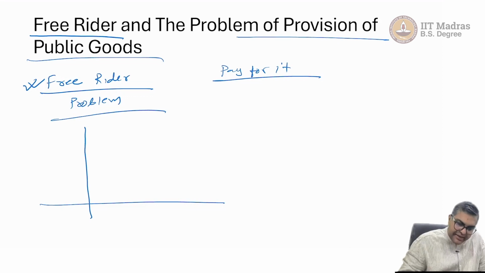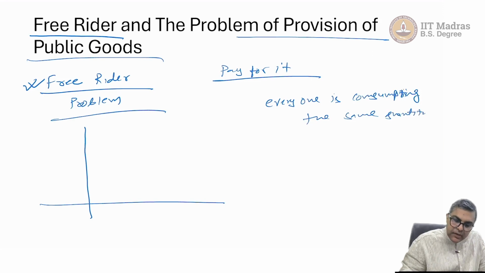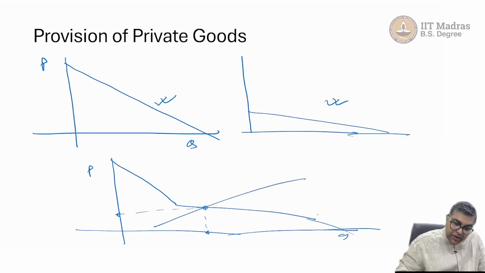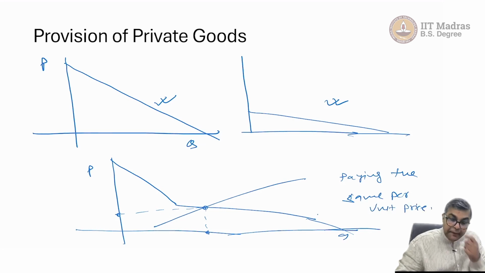Why? Let us understand that for public good, everyone is consuming the same quantity. What was happening here? Everyone was paying the same per unit price, but different people were consuming different amounts.